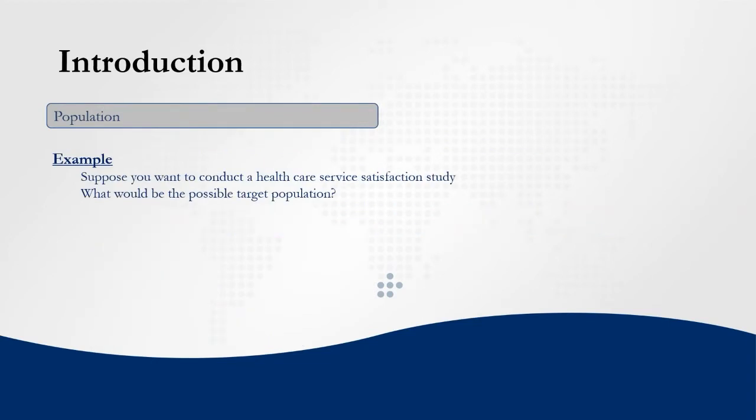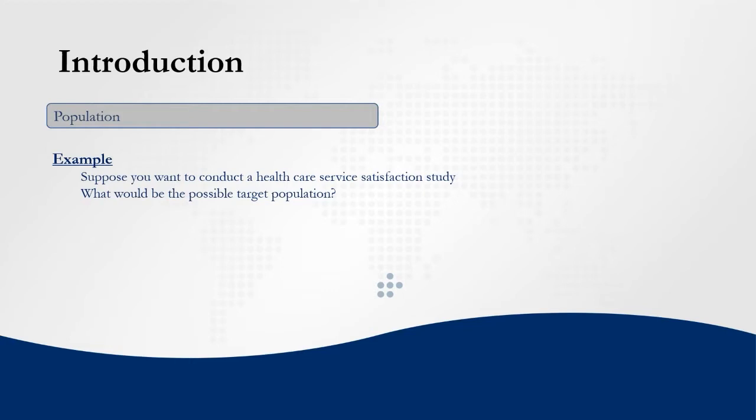So I'm posing a question to say, suppose you want to conduct a healthcare service satisfaction study. When you just think about that, the way I've posed it, it's very out there, it's very broad. It's not saying this is the focus.